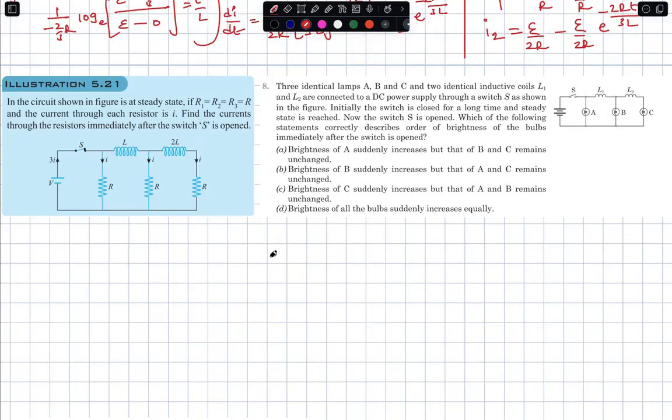In the circuit shown in the figure at steady state, all the resistances are same. You know what is happening at steady state?